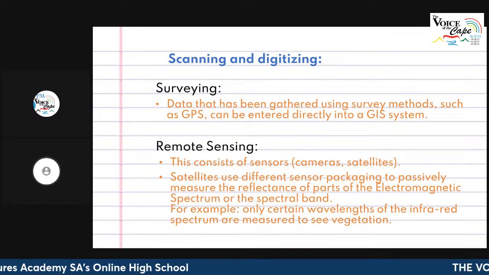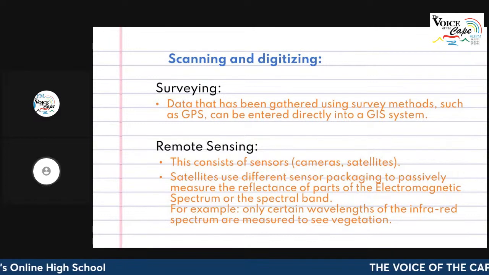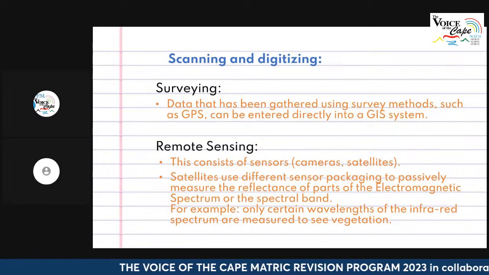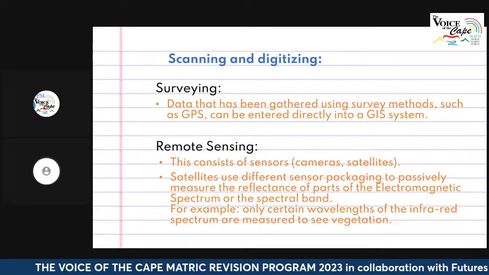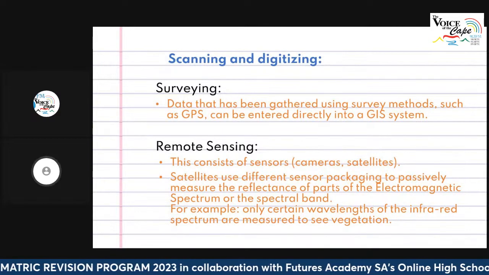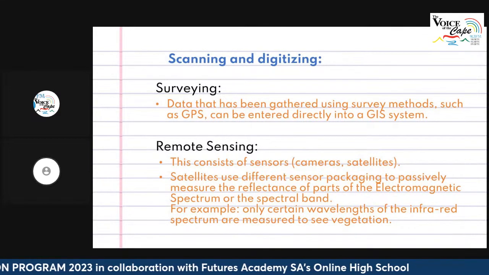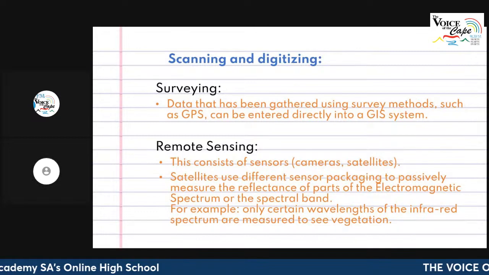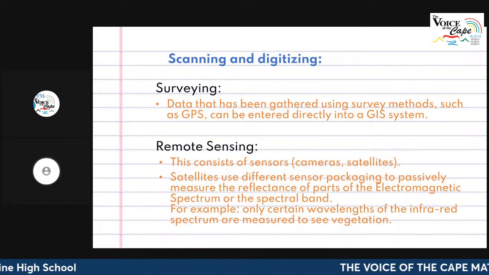Let's break down the word. Remote means far or isolated, and sensing means it is taking complete pictures of that particular area. So in this case, remote sensing refers to something that is far off.